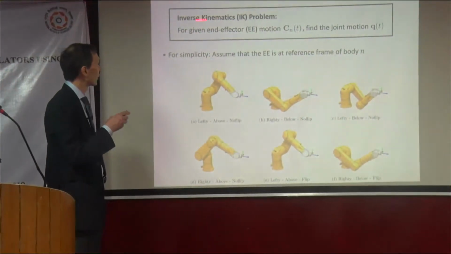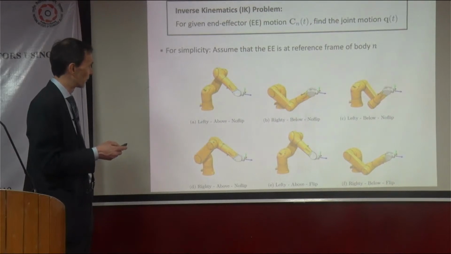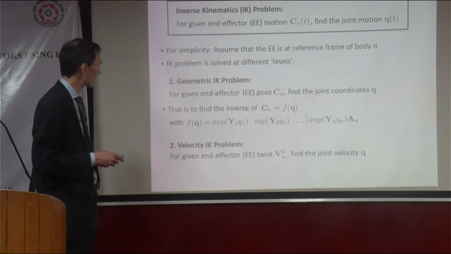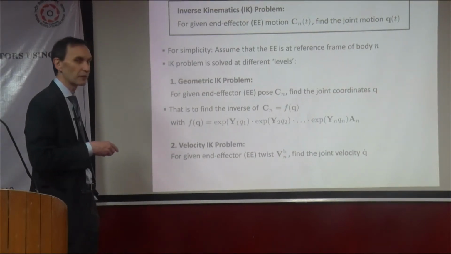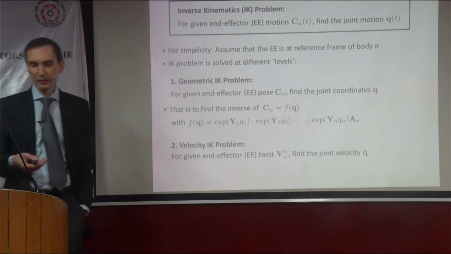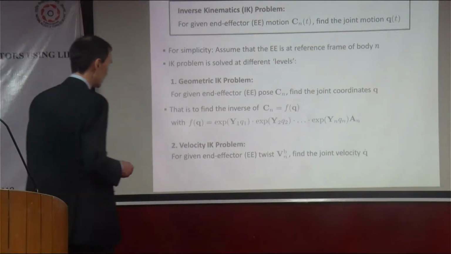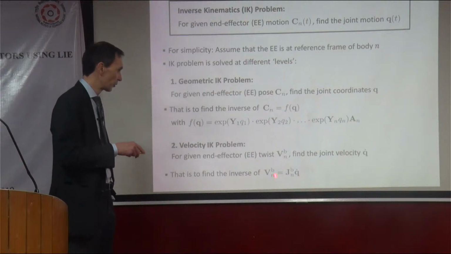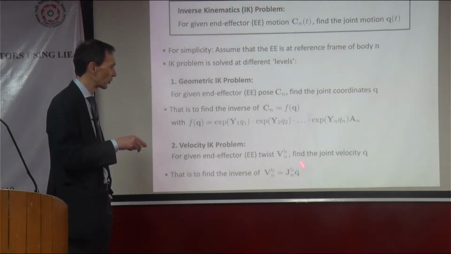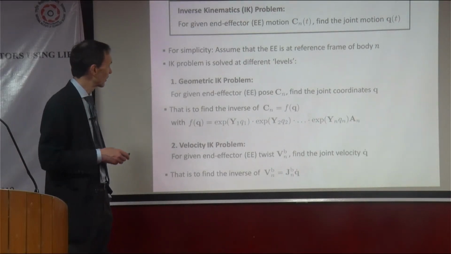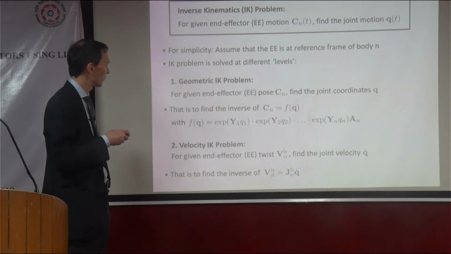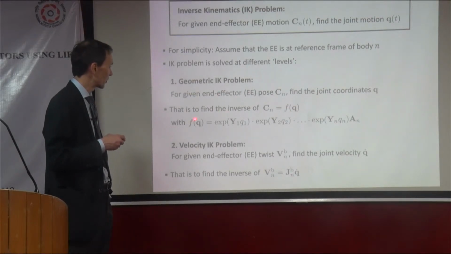We have to distinguish between the geometric inverse kinematic problem and the velocity inverse kinematic problem. The velocity inverse kinematic problem is relatively simple because it boils down to somehow inverting or pseudo-inverting the Jacobian, whereas the geometric inverse kinematic problem boils down to actually inverting this mapping.